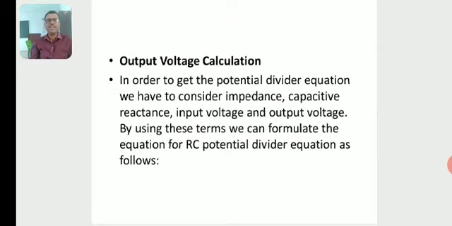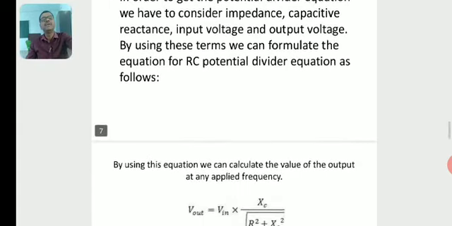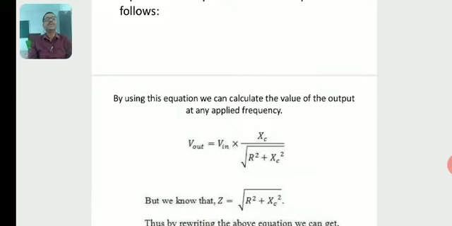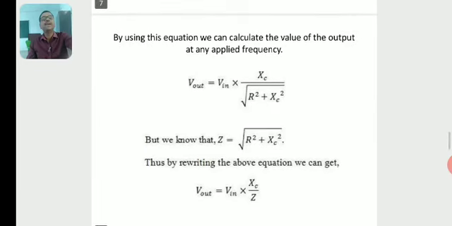Then how can the output voltage be determined? To get the potential divider equation, we have to consider impedance, capacitive reactance, input voltage and output voltage. Using these terms, we can formulate the RC potential divider equation. So look here, using this equation we can determine the output at any applied frequency: V output is equal to V in into XC by root of R square plus X square.